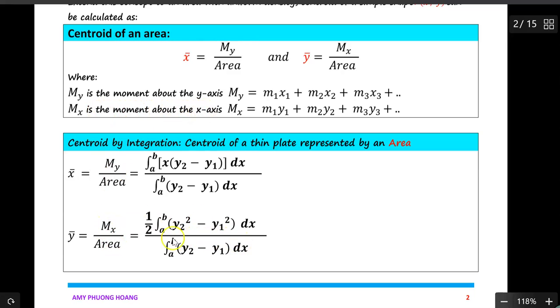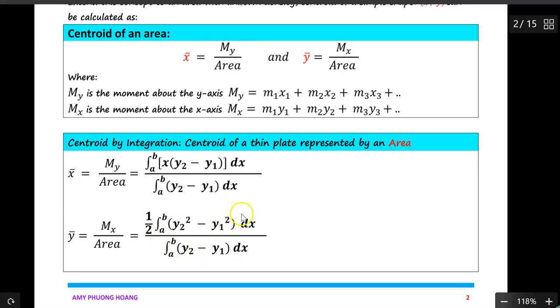You see the formula for the area is given right here. It's the same: the integral from a to b, upper function minus lower function, as dx. dx is the vertical element.